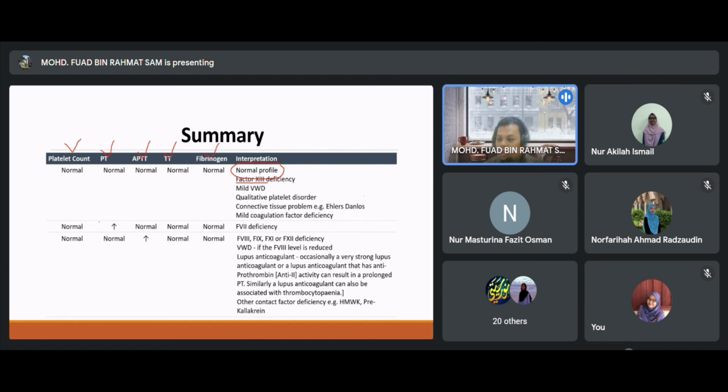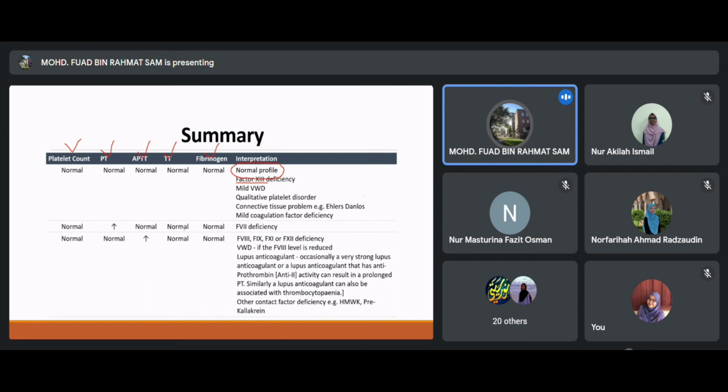Okay, but if the platelet count is normal, PT is high, prolonged, normal APTT, normal TT, normal fibrinogen, maybe because of deficiency of factor 7.